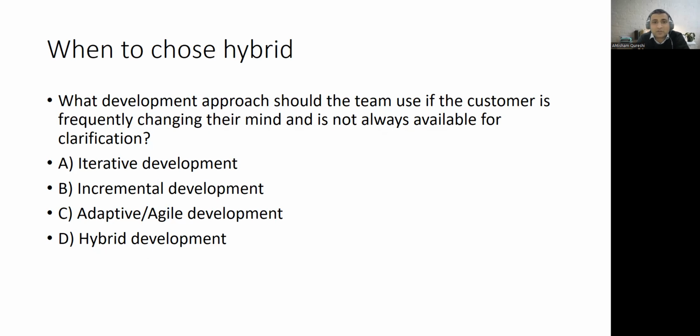Okay. When should you choose hybrid? What development approach should the team use if the customer is frequently changing his mind and is not always available to give feedback? I can be flexible for a customer who is also willing to give me feedback, who is available.